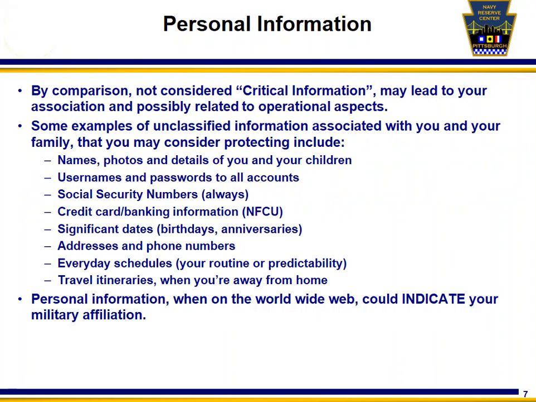Some examples of unclassified information associated with you and your family that you may consider protecting include name, photos, details of your children, usernames, passwords of all accounts, social security number, credit card and banking information, significant dates, birth dates, anniversaries, addresses, phone numbers, everyday schedules, and travel itineraries, such as when you're away from home. Personal information on the World Wide Web could indicate your military affiliation.